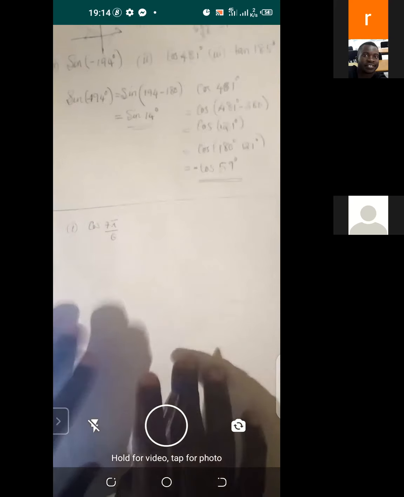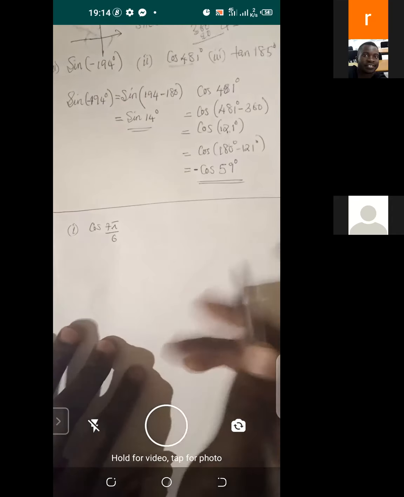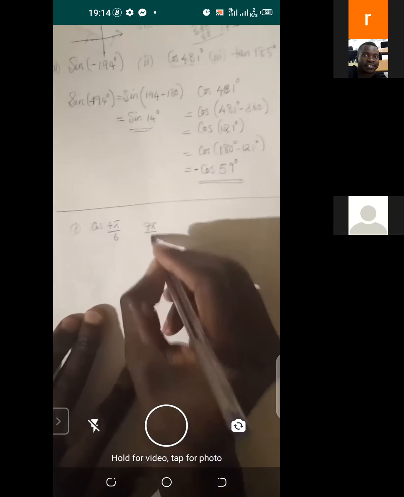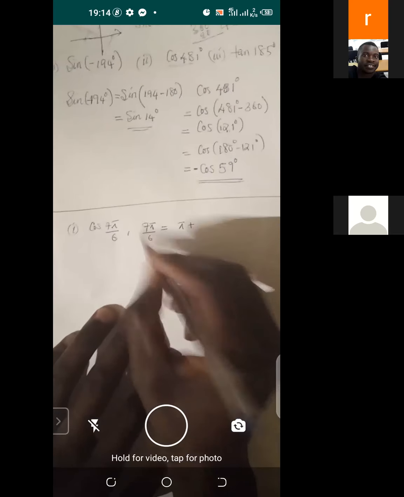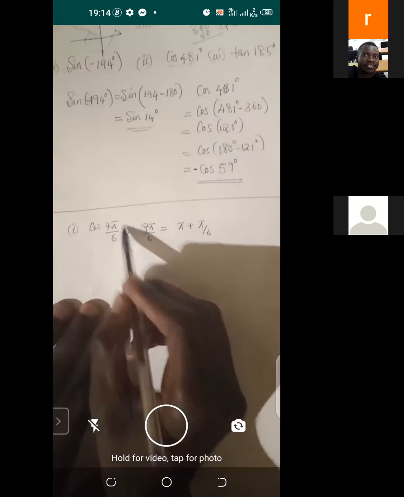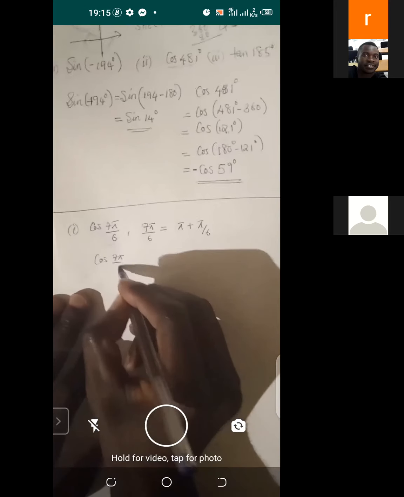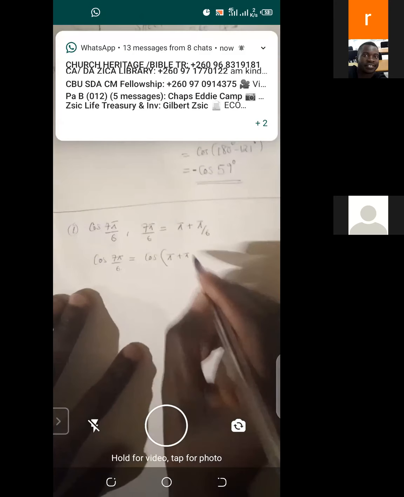Right, so guys, here you can deal with this in radian measure or in degree measure, whichever, it doesn't matter. If you want to deal with this in radian measure, you can say 7 pi over 6 will be pi plus pi by 6. So cos 7 pi over 6 will become cos of pi plus pi by 6.